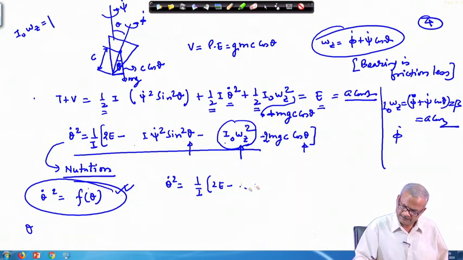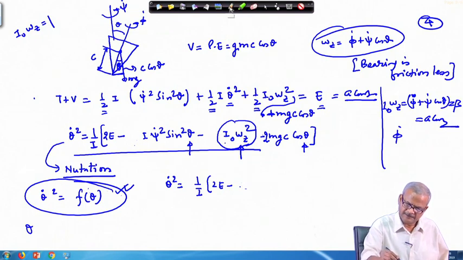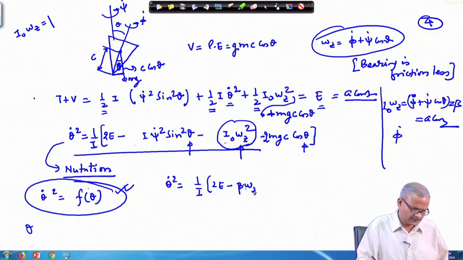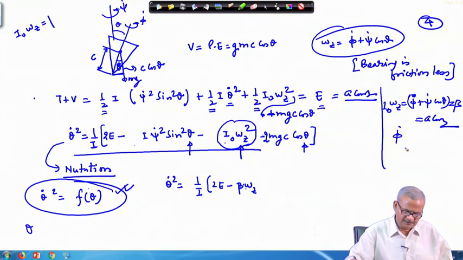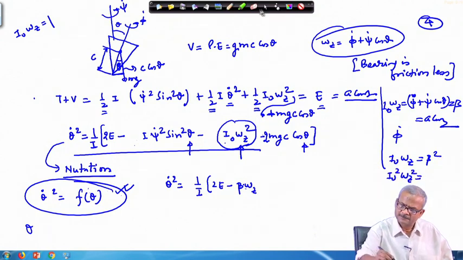So, we write it a little better way: beta times omega z, or we can also write it like this, I 0 times omega z equal to beta. So, I 0 square plus omega z square equal to beta.